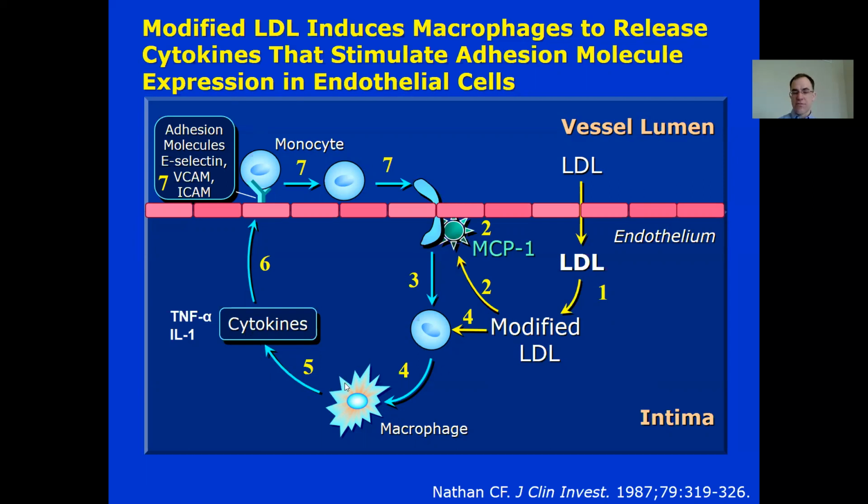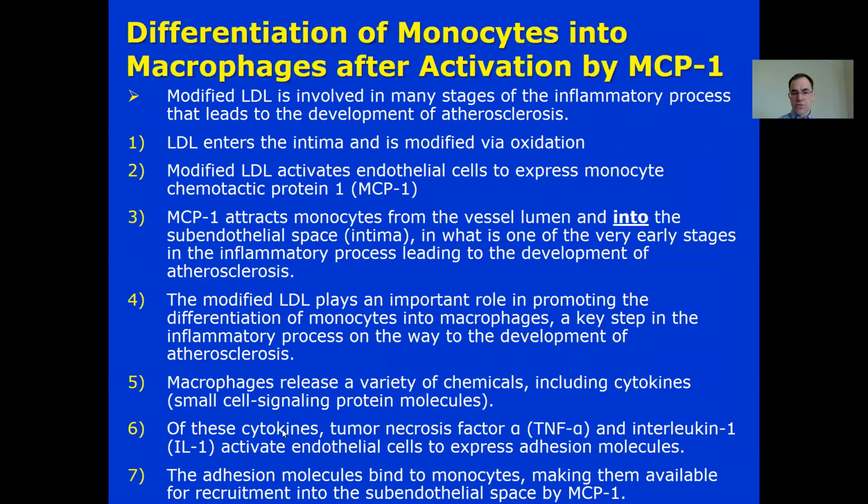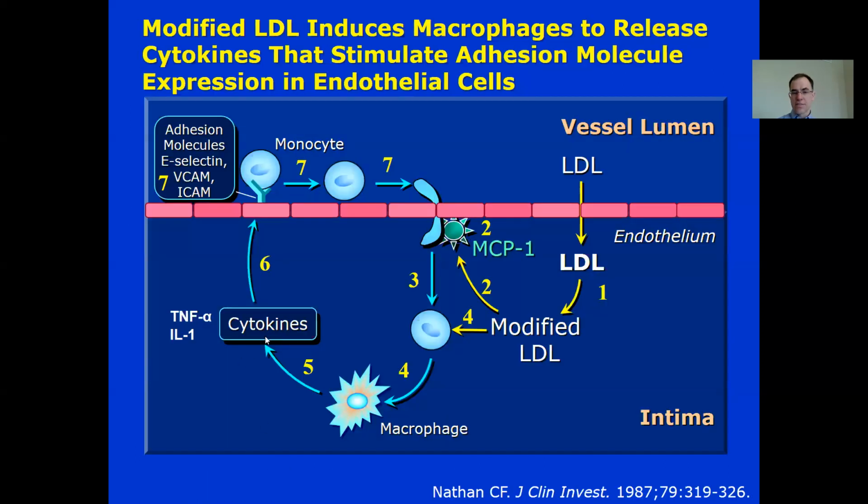In this case, the macrophage is going to produce TNF alpha, tumor necrosis factor alpha, and also interleukin 1. These are two cytokines that are produced by the macrophage, and they will cause the adhesion molecules E-selectin, VCAM1, and ICAM1 to be made by the endothelial layer of the coronary artery intima.